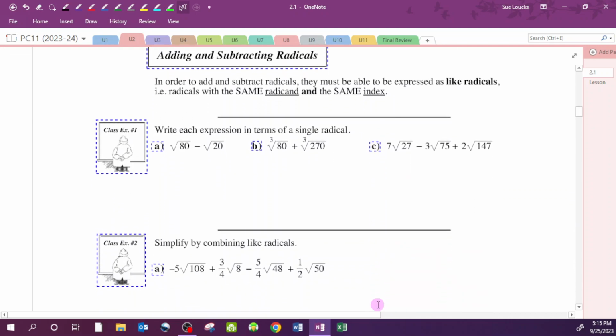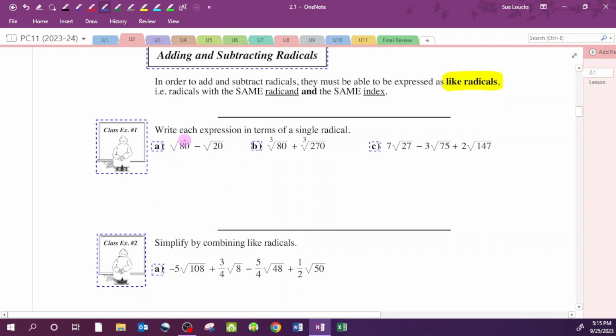So the rule is, in order to add and subtract radicals, they must be able to be expressed as like radicals. That's the term that we use, like radicals. Just like terms, right? In algebra, you collect like terms. So we're going to rewrite these so that we can do that as a single radical.